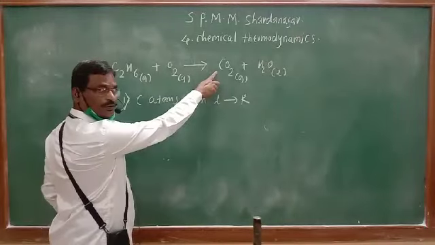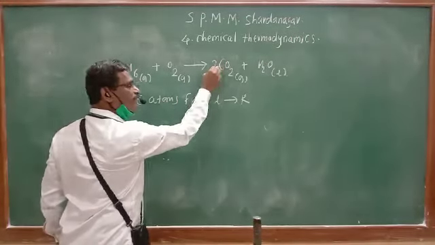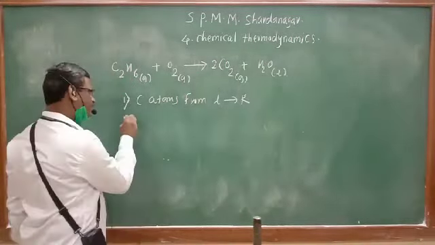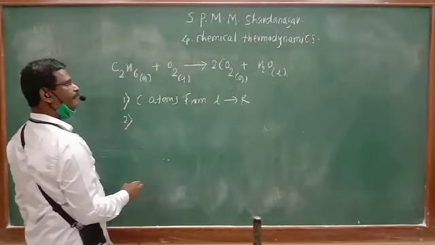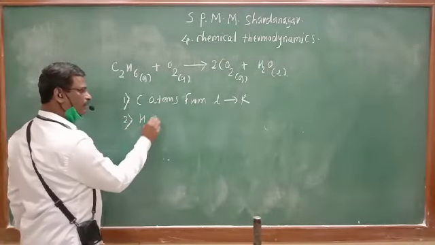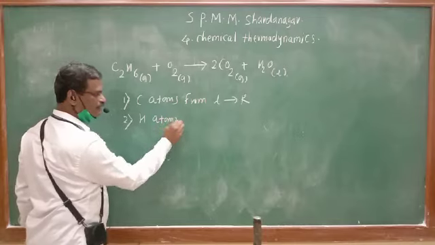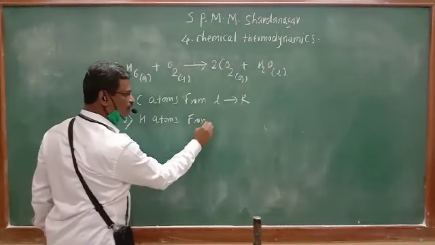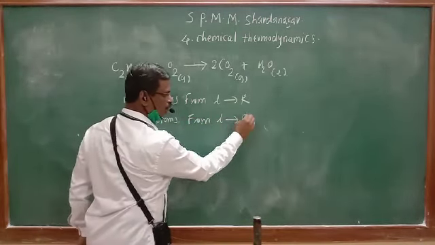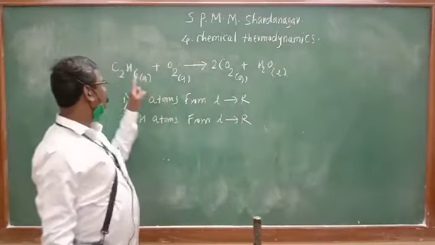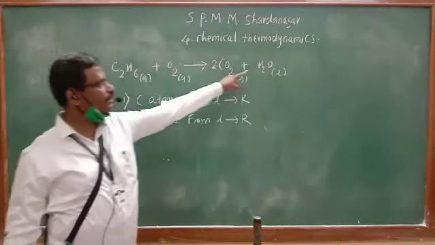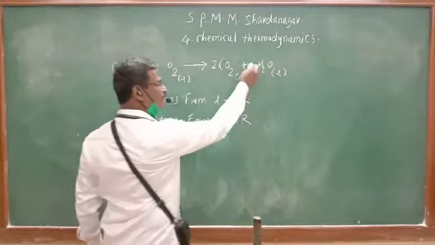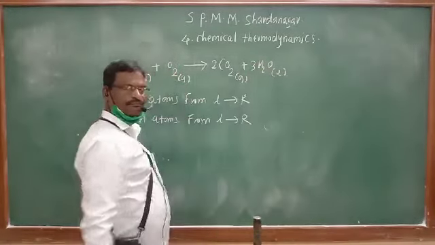How much here? 1. So this is multiplied by 2. Then second rule: secondly, balance the number of hydrogen atoms, again from left to right. Hydrogen 6, here 2. Therefore, this is multiplied by 3.